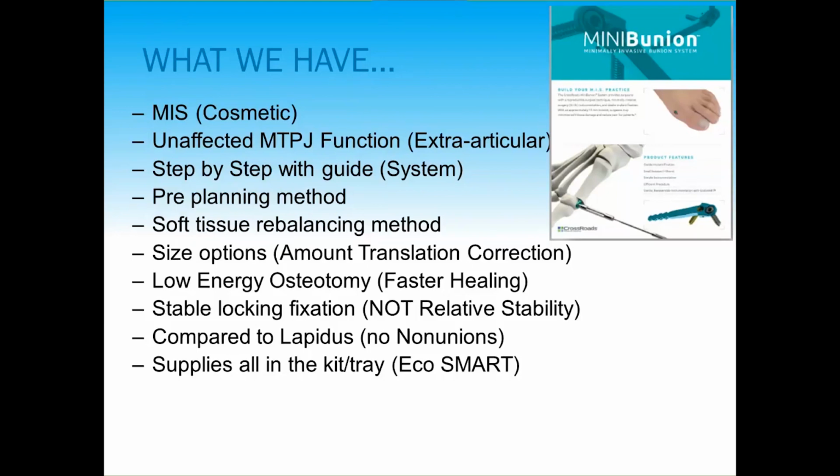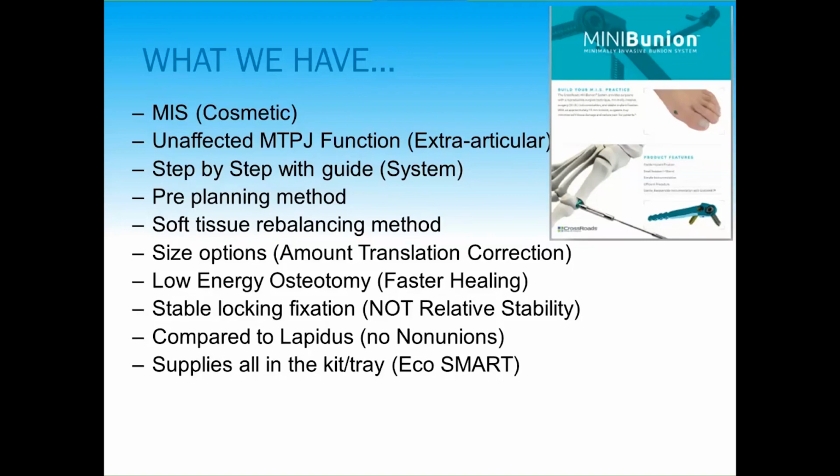There is ability for soft tissue rebalancing, which I think is one of the big keys to maintaining good bunion correction long term. Like I said, various size options are critical, so it can be patient-specific. Low-energy osteotomy, which means faster healing. You can use the osteotome, or if you so choose, the saw is just as effective and heals just as well.